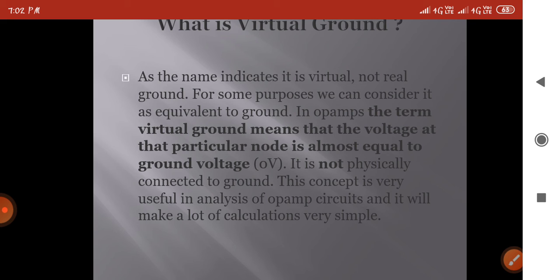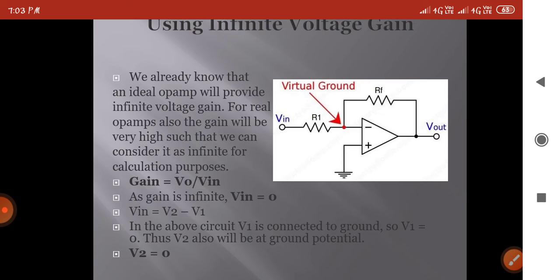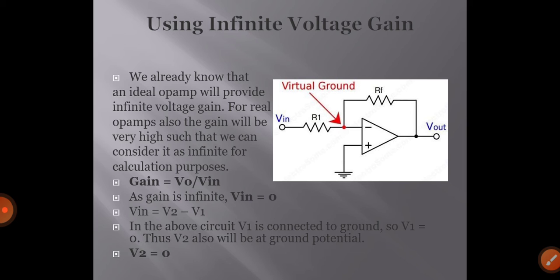This concept is very useful for analyzing op-amp circuits, and it makes a lot of calculations very simple. Otherwise, we would have to solve many circuits by KVL and KCL laws. In the same way, we can explain it using the infinite voltage gain.